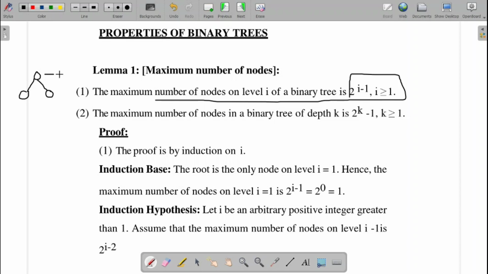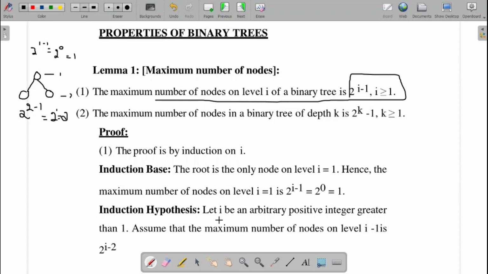At level 1, the number of elements will be equal to 2 power of 1 minus 1, which is 2 power of 0, which is equal to 1. So this is satisfied. At level 2, it will be 2 power of 2 minus 1, which is 2 power of 1, which is equal to 2. That is, at level 2, we have two elements.